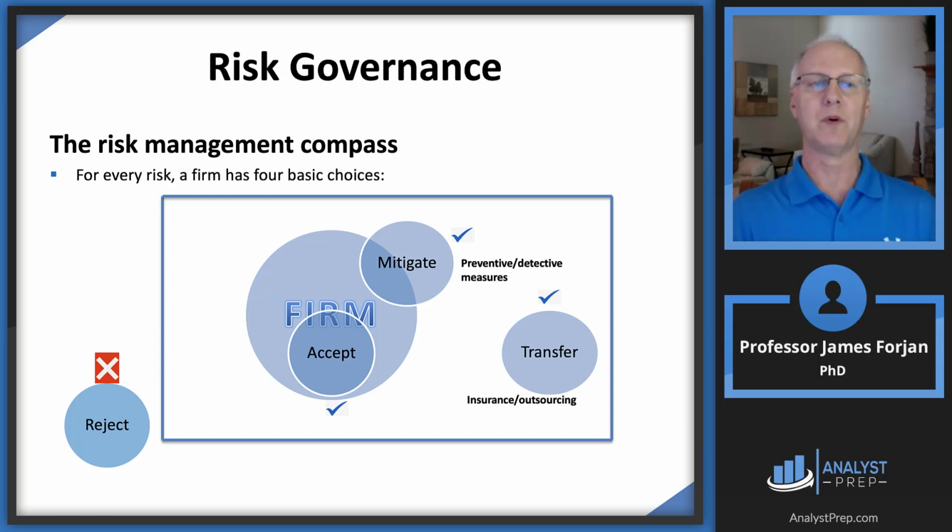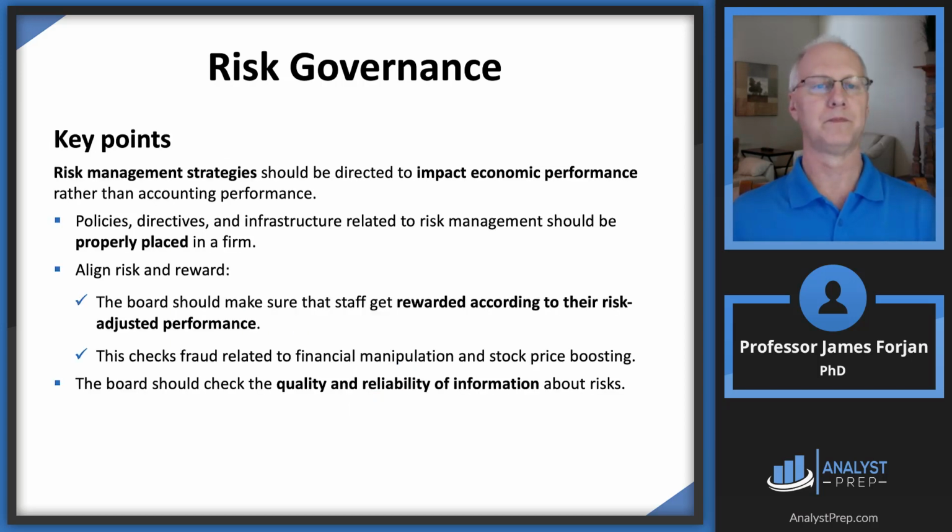You know, the great example is the airline companies, and some of the airline companies, they hedge lots and lots of their commodity price risk by using oil futures contracts, and others are just the opposite. And then, of course, we can just transfer it completely outside the firm, and this is usually done through probably an insurance contract or some kind of an outsourcing arrangement.